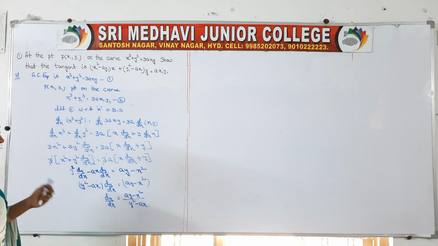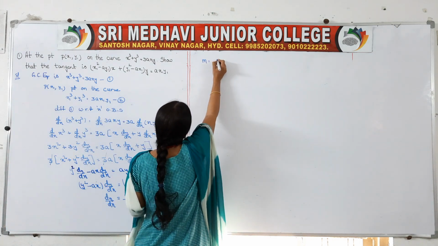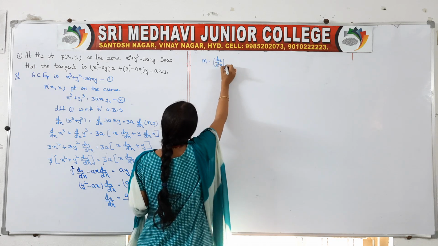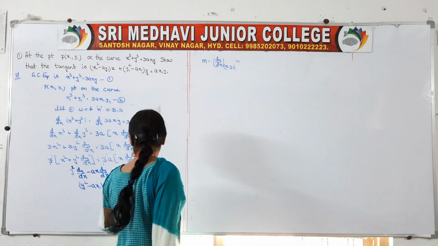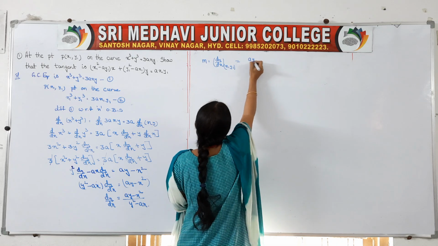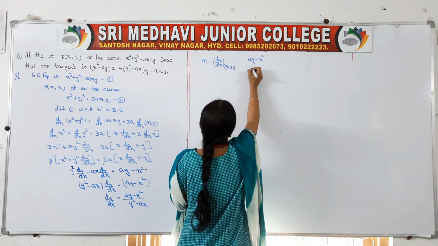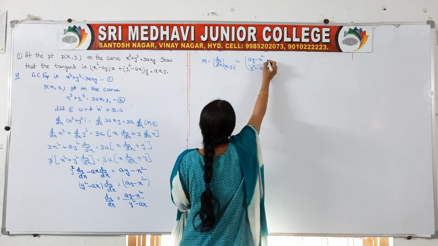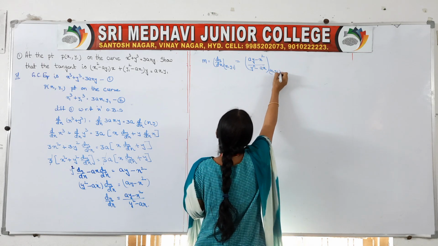So we want the m value. What is m? m is equal to dy by dx at x1, y1. So dy by dx is ay minus x square by y square minus ax, at x1, y1 we have to take.